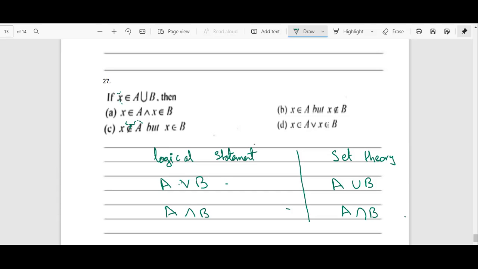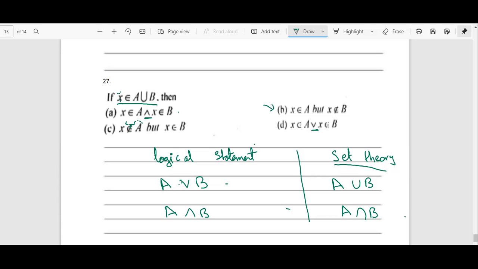Okay. So the question says if X belongs to A union B, then so we have A, B, C, D options. In A and D option, you can see the sign right here, right? So this is basically what we have in a logical statement. We have to convert it to set theory. So obviously, if X belongs to A union B, let's look into the B option, right?